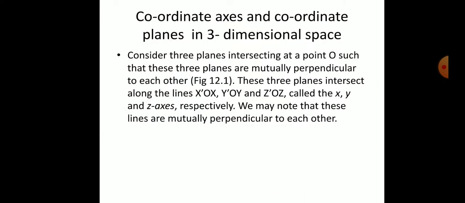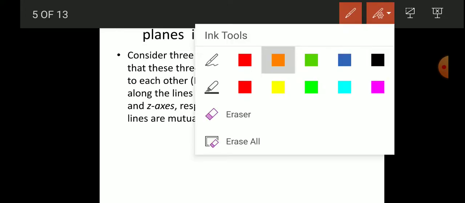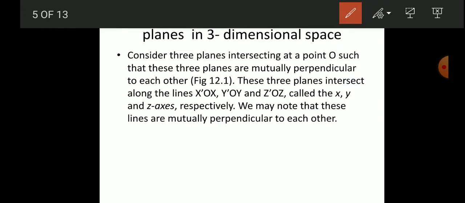Now here we will start our new chapter, the introduction to three-dimensional geometry. So the point is the coordinate axis and coordinate planes in three-dimensional space. Consider three planes intersecting at a point O, and these three planes are mutually perpendicular to each other.